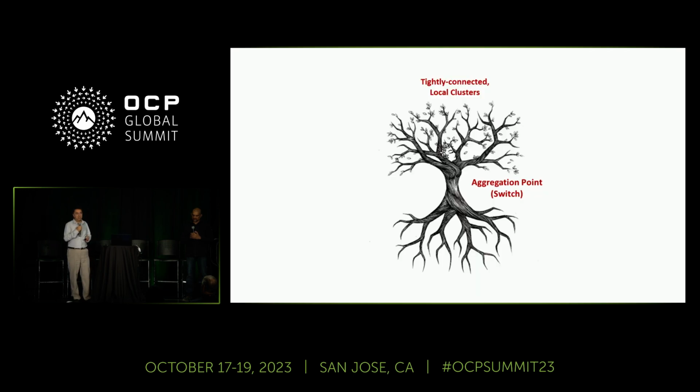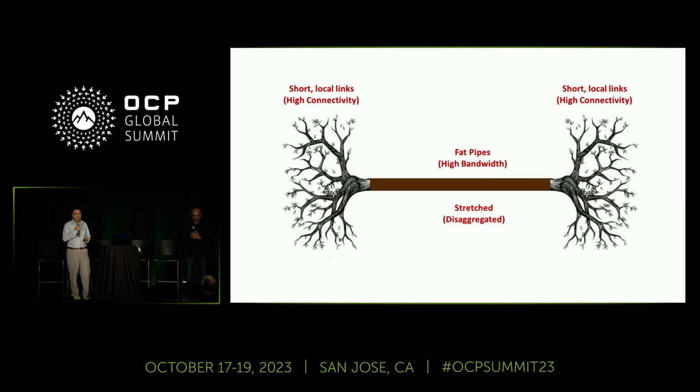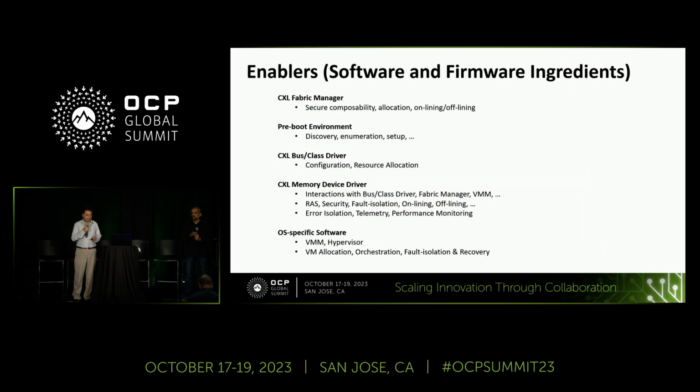It is very similar to a tree structure, roots feeding the leaves and leaves feeding the roots. To do that, there's a concept of fat pipe. In other words, an interconnect that is very high speed, but it is okay for it to have a little bit more latency as compared to the tightly connected devices within one chassis. Latency is very important, robustness is very important, fault tolerance is very important.